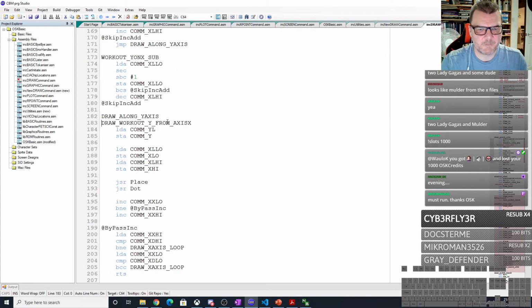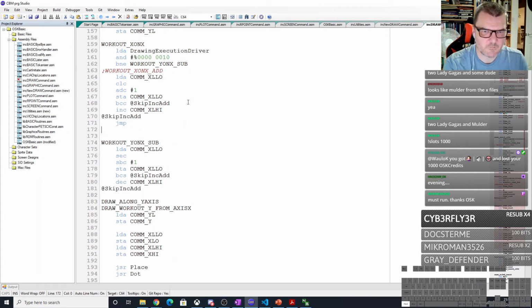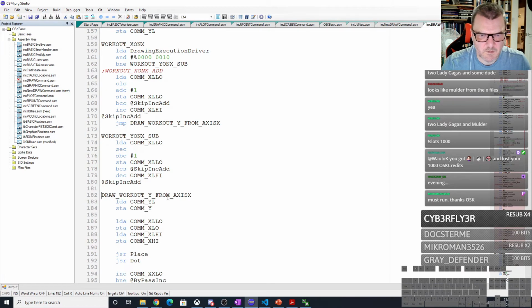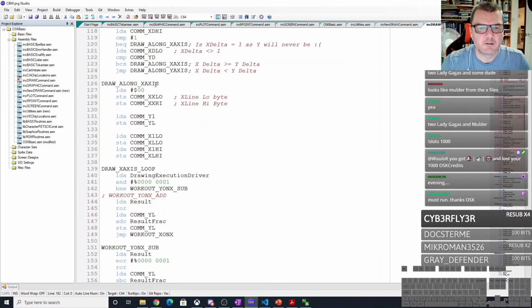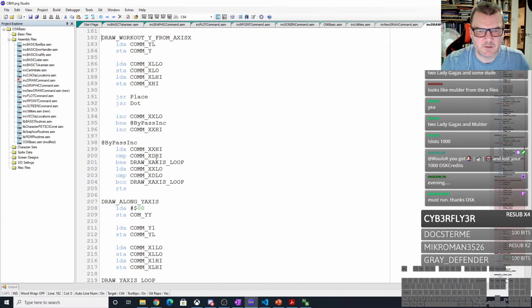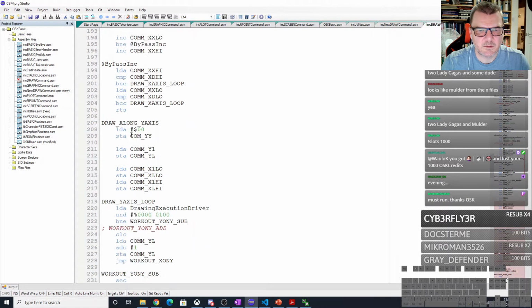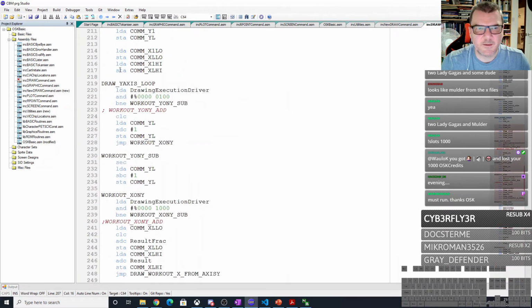And that's doing that. But is it? That's placing a dot. That's the x-axis. Draw along the y-axis. That's the one. Yeah, that's the one. Right, let's see if this works.